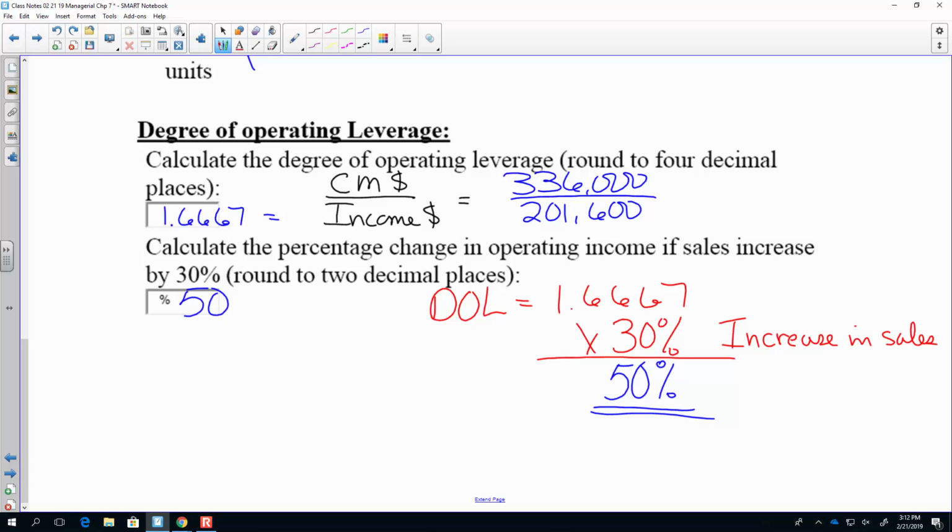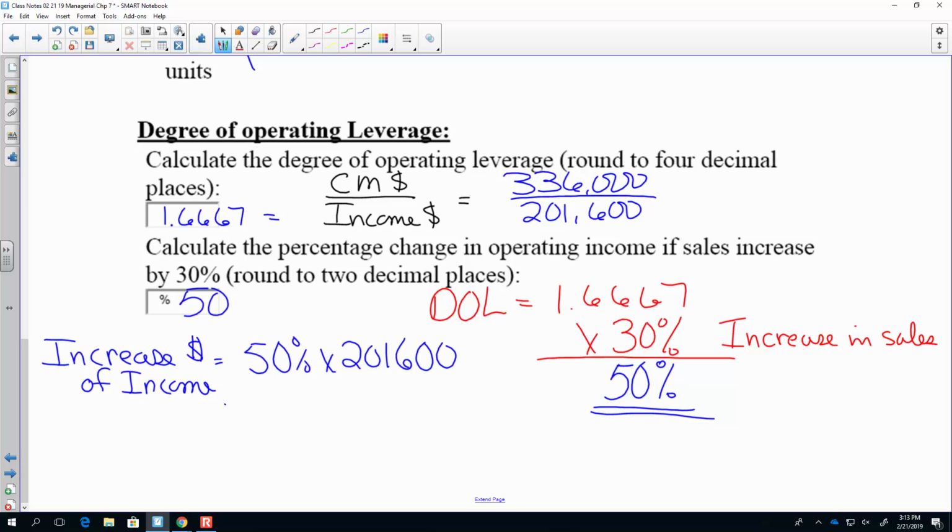So if I wanted the increase dollar amount of income, I would take the 50% times 201,600, which gives me $100,800.